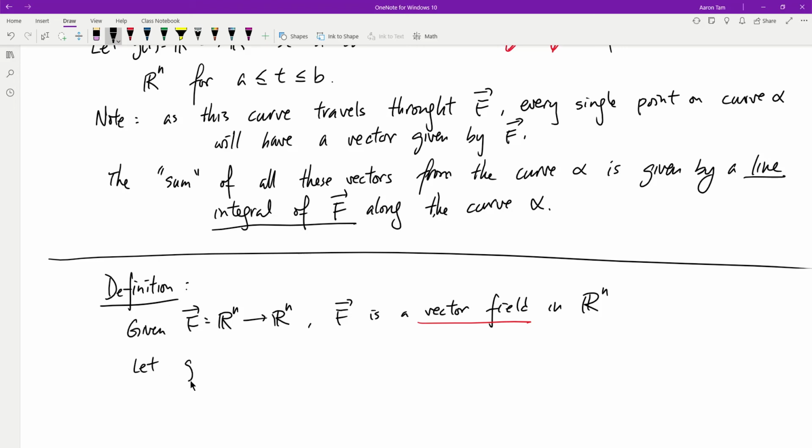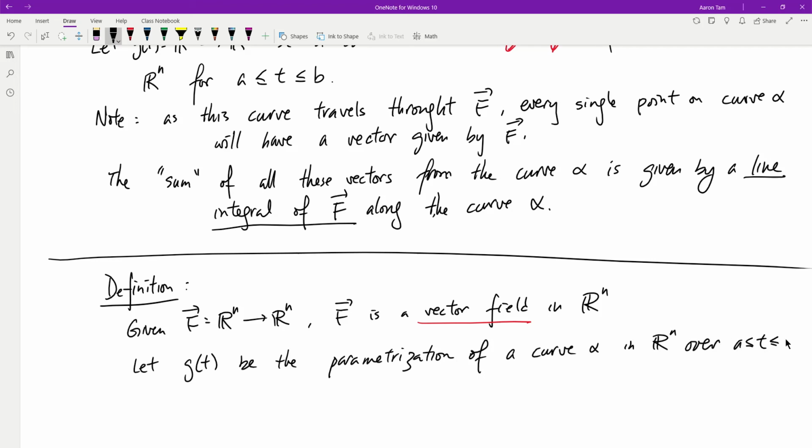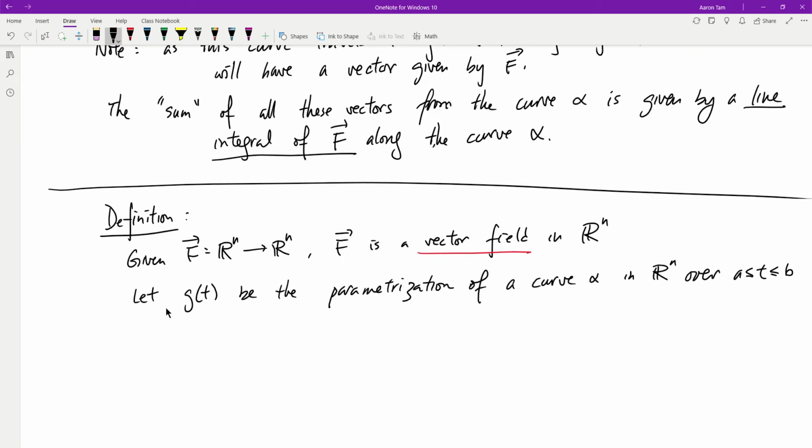We're going to let g of t be the parameterization of a curve alpha in Rn over, let's say, the domain t going from A to B. Then we can now define the line integral.